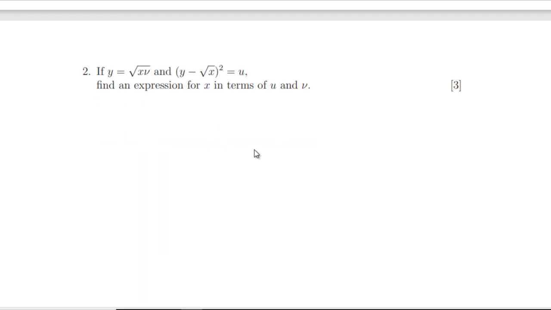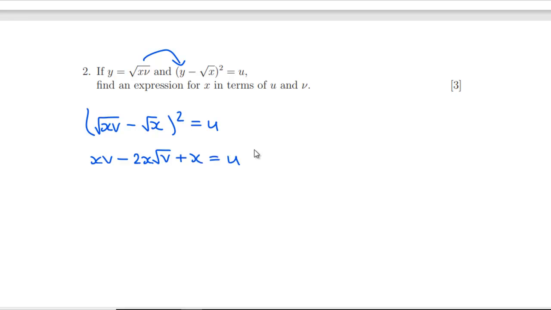If y is that and all of that is equal to u, find an expression for x in terms of u and v. So eliminate y is what we're saying. Well, we'll just sub in y into here and then rearrange for x. So we've got root xv minus root x all squared equals u. So square this out: xv minus 2x root v plus x equals u.